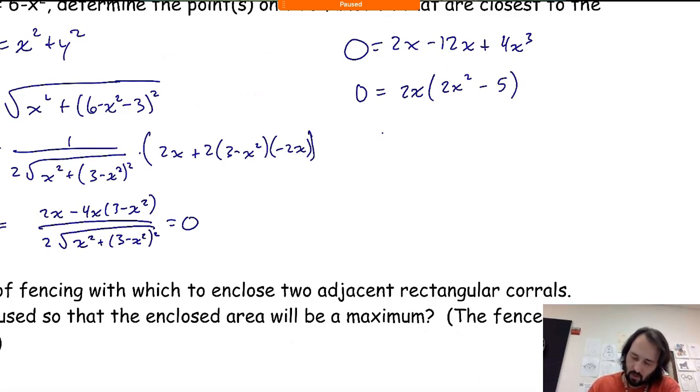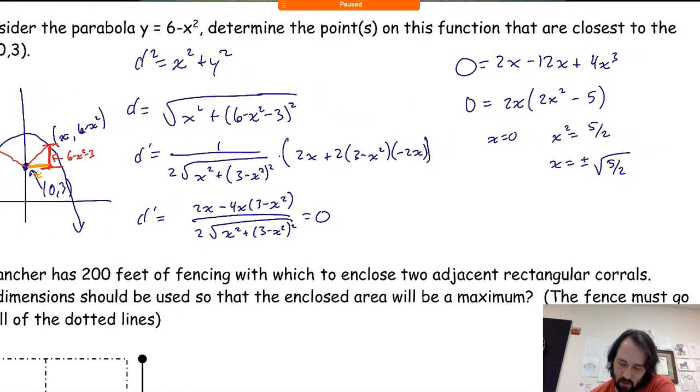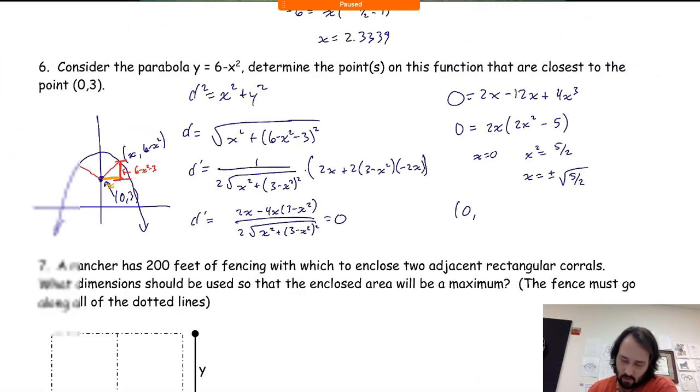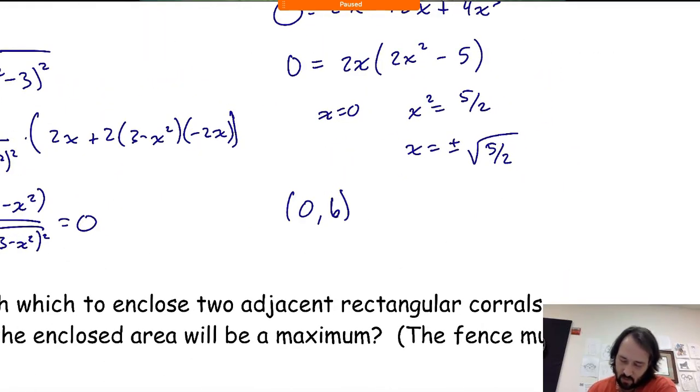So 0 could be one of them, and so would x squared equals 5 over 2, so x equals plus or minus root 5 over 2. Since I don't have any limits on my domain or anything, that just means that root 5 over 2 is also one of the positions, positive and negative. All right, so I have the point 0, 6.